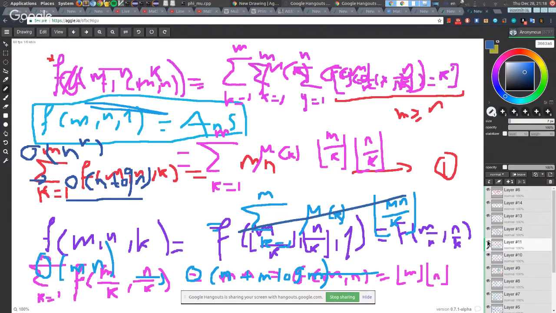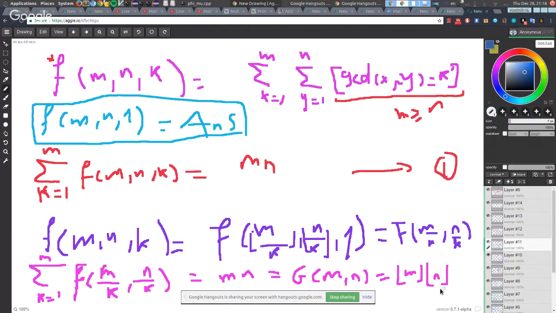Here, it all depends on how we define this G. Because I thought if we put the definition of G of M and N to be the product and then we round it down, then it means if we have this, it still should make this formula valid here.